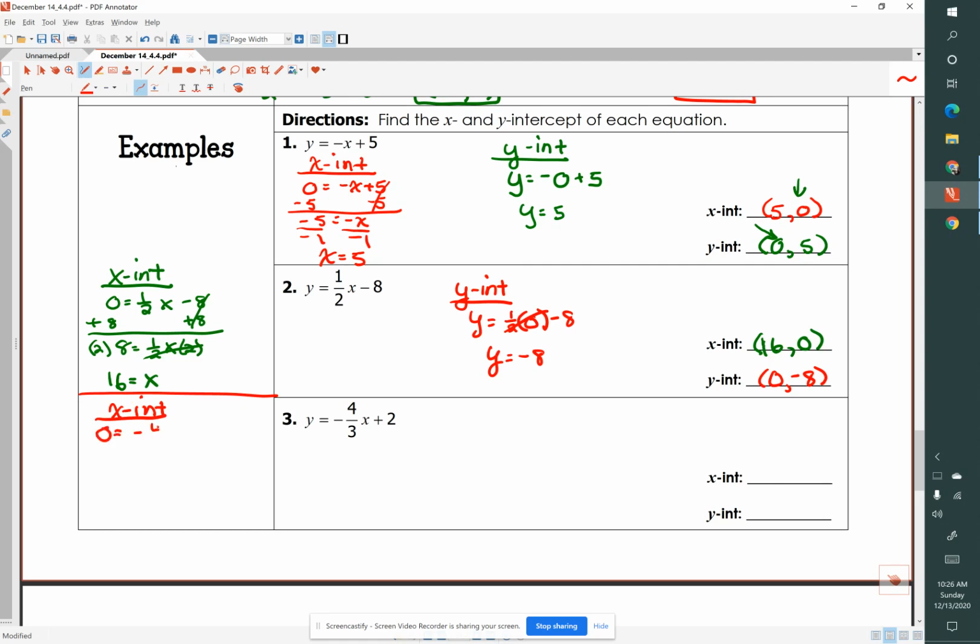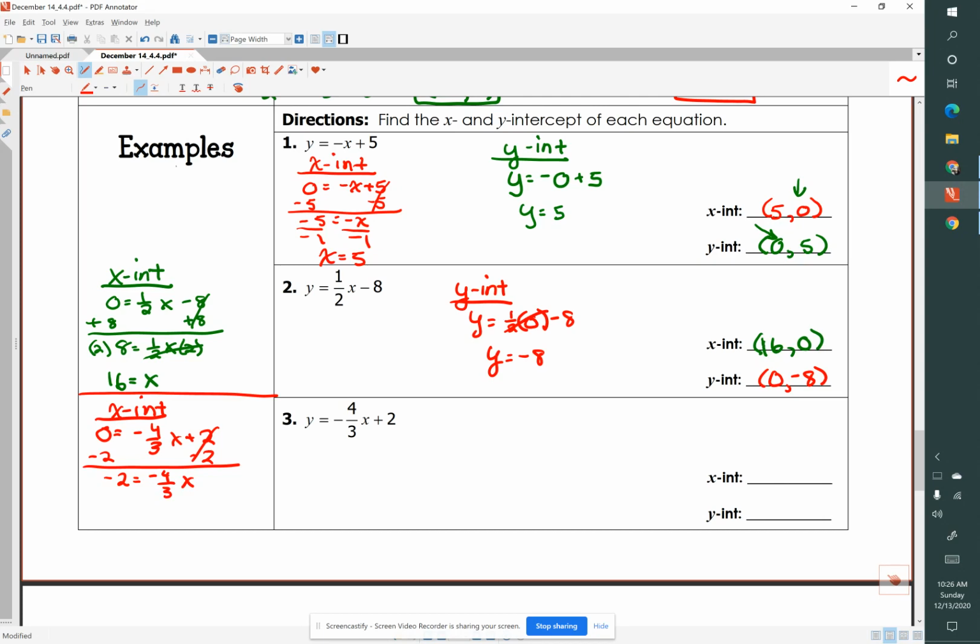0 equals negative 4/3 x plus 2, and we'll subtract 2 from both sides. Negative 2 equals negative 4/3 x.